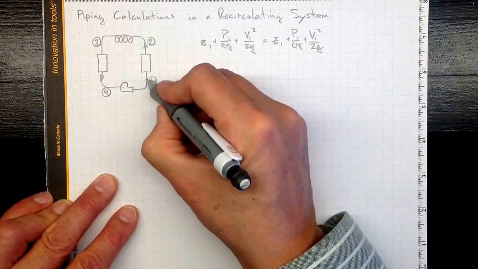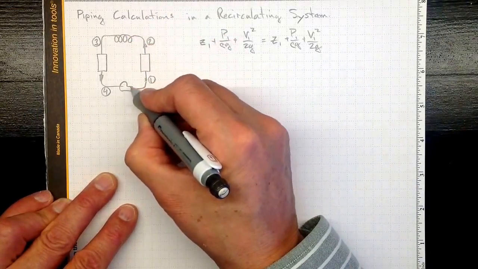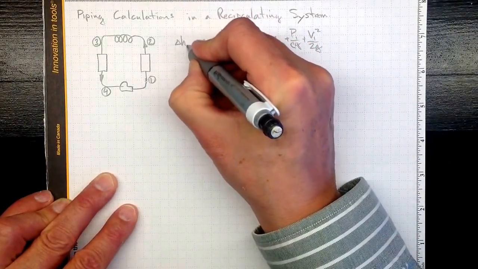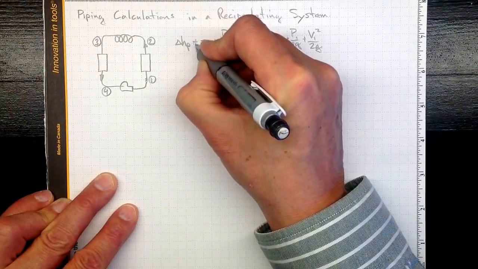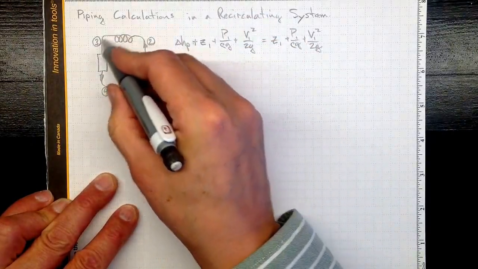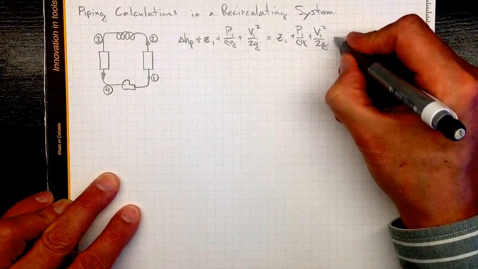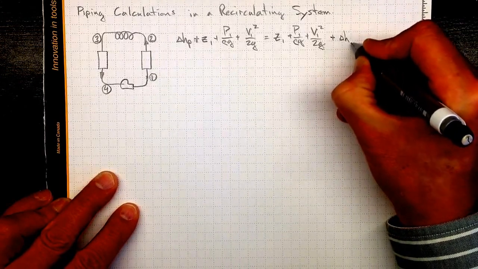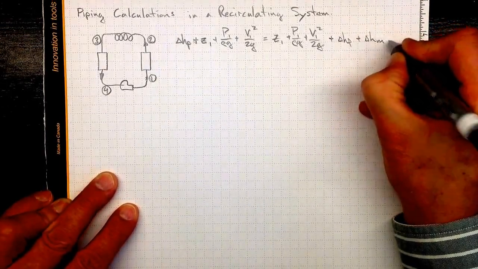We started here and we went all the way around the loop and added some energy with the pump, so we've got a delta HP term over there. And we took out energy along the way, so we're going to have minor loss terms and head loss due to friction terms. So delta HF and delta HM.